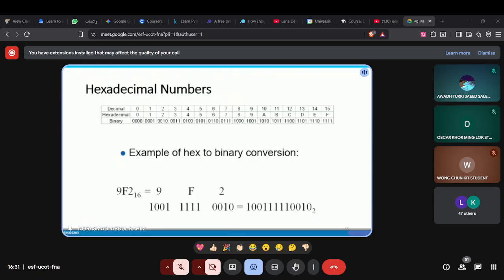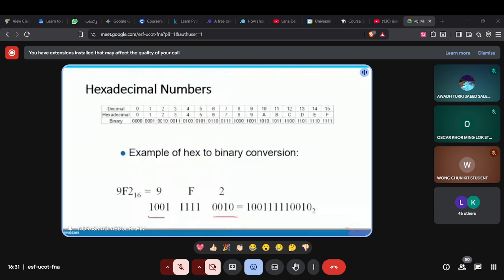Okay, example of hex to binary conversion. Given the hex 9F2, previously we said that for hexadecimal the number of bits is 4, so it should be 4 bit. For example, 9 is 1001, and so on.